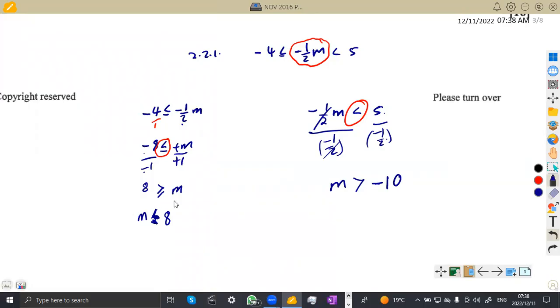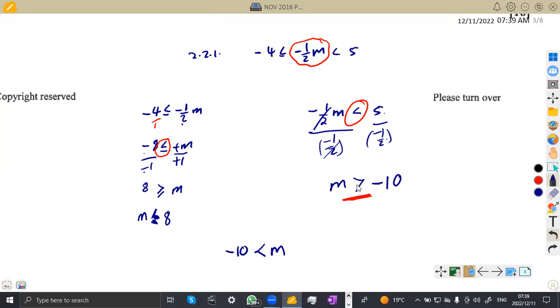Now we need to compare these in terms of m, because we've got two values of m, but the smaller value for m is -10. So here we can write it as m is greater than -10. You start with the smaller value. Take note, this is one and the same thing.